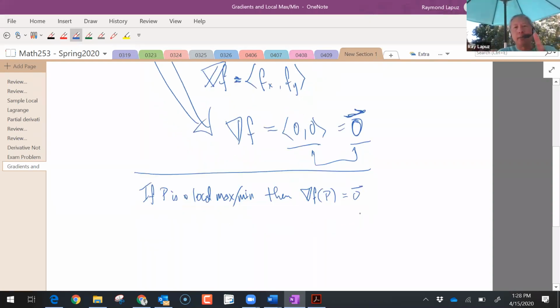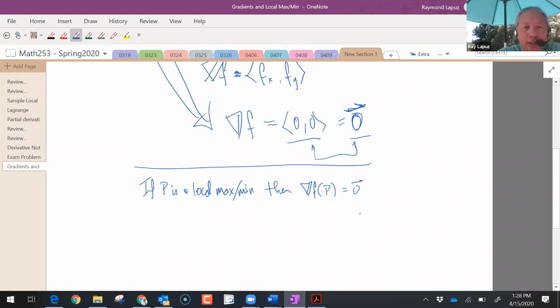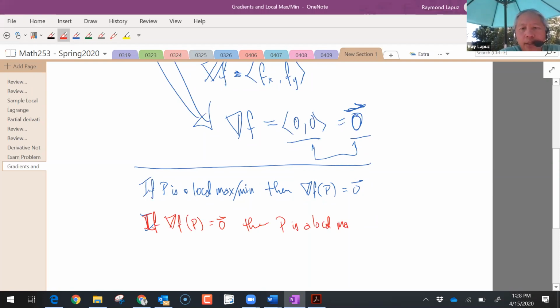Now, the backwards does not necessarily hold true. I'm going to do this in a different color. If the gradient of f at the point P is equal to 0, then P is a local max or min. So this is not true.